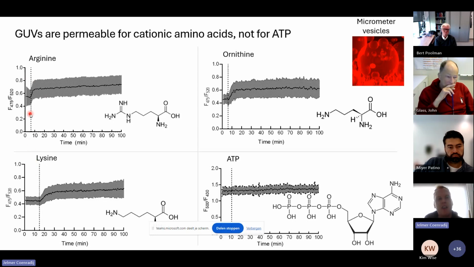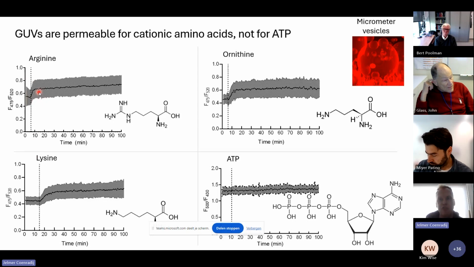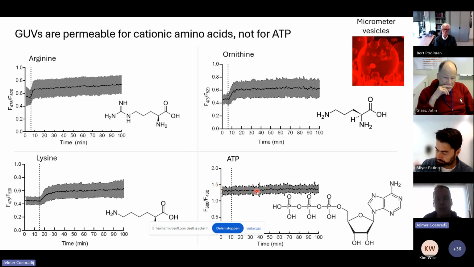And what we saw is that upon the addition of arginine and all the other cationic amino acids, the fluorescent ratio increases, indicating that these amino acids are entering the GUV. So they are able to permeate the membrane, at least in our GUV setup. Of course, we also tested ATP. And when we add ATP, the line stays flat. So ATP is not permeable inside our GUVs.